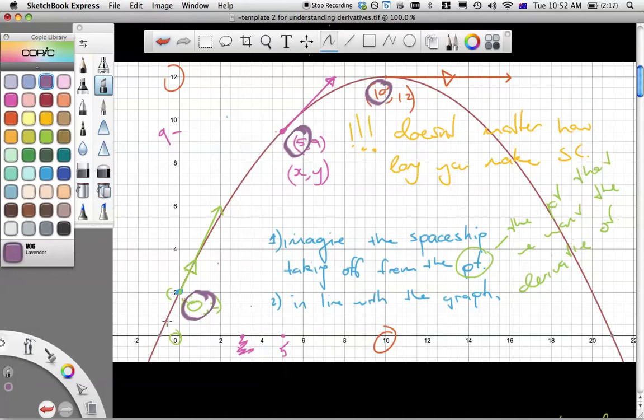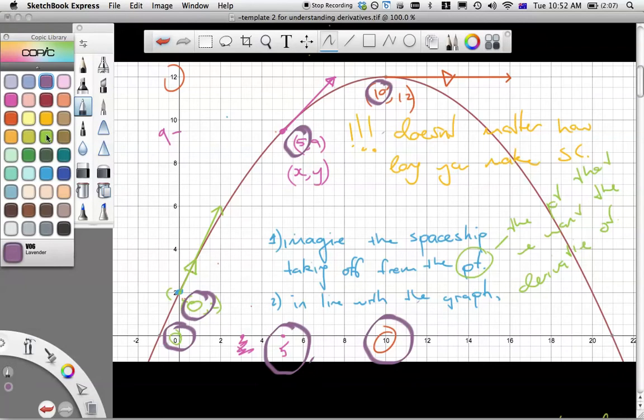And we can see those numbers down here: first we launched it from 0, then from 5, and then from 10. So we're going to use this derivative equation to tell us how the spaceship was pointing at 0, how it was pointing at 5, and how it was pointing at 10.